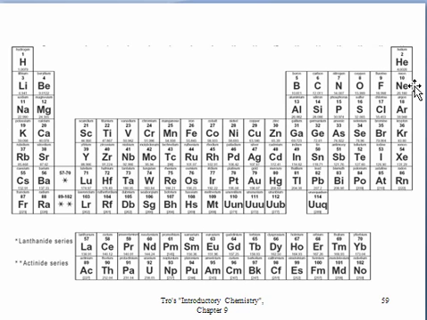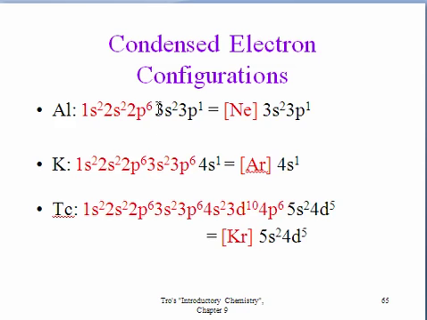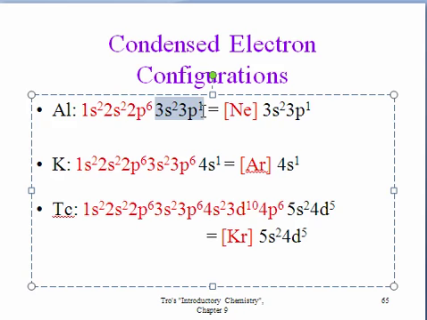What electrons come next? Well, after neon, we have our third energy level, and this is our S block. So we have 3s2, and we come over here, and here's our P block, 3p1. So that's how we know what comes after. And if we count our electrons, 10 plus 3, we get 13.